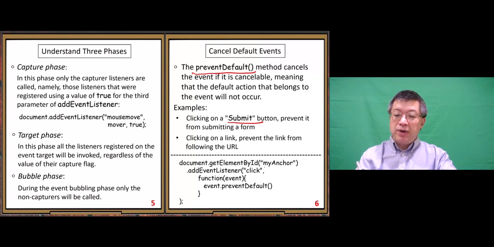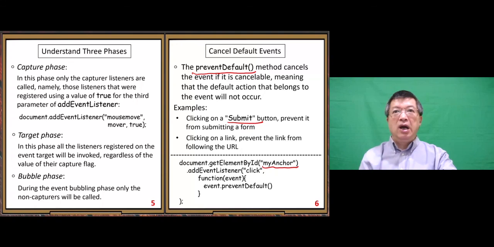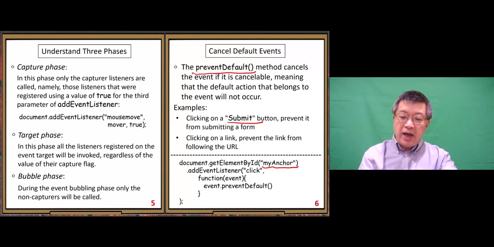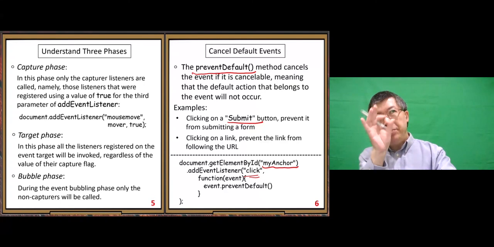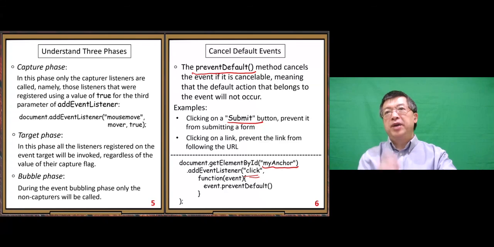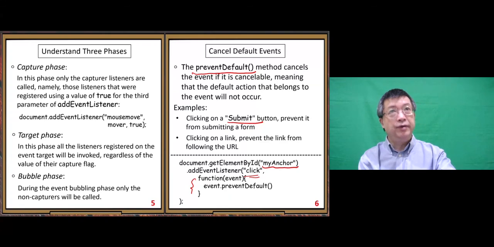Suppose this is the ID of the hyperlink element. We get that object. After you get that object, you add an event listener for the click event. You try to change the behavior of the click event, because the click event has some default action. So you change it with an event handler function. This event handler function is an anonymous function, with no name.